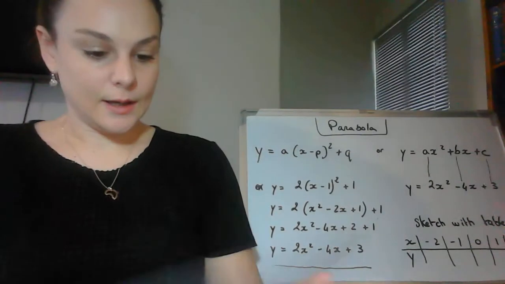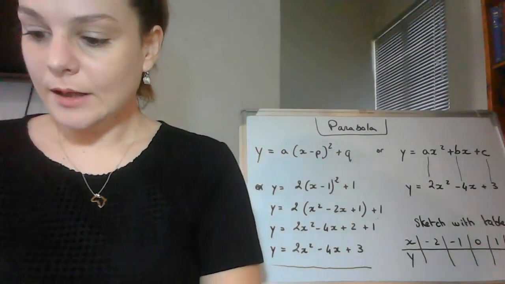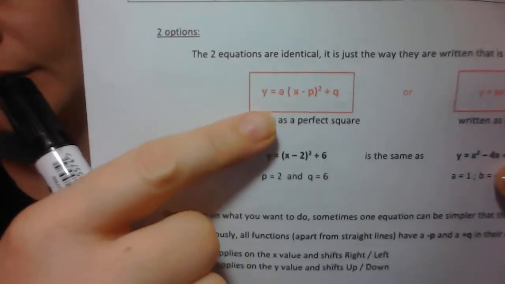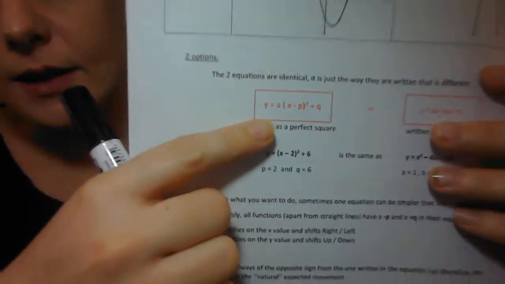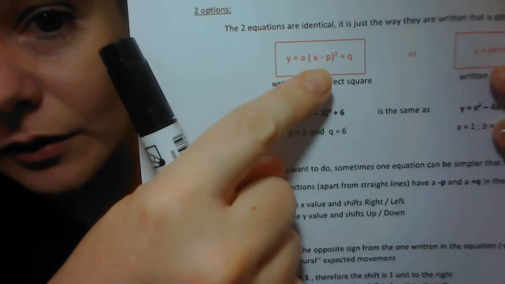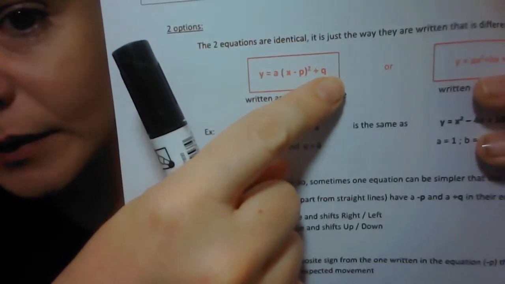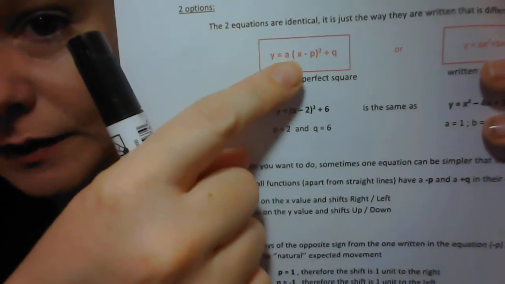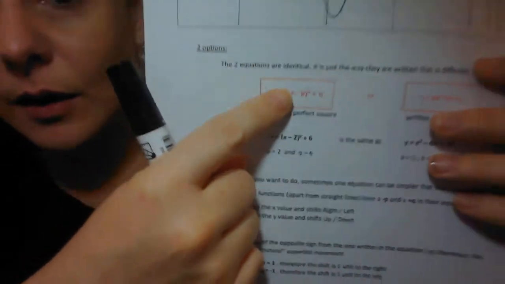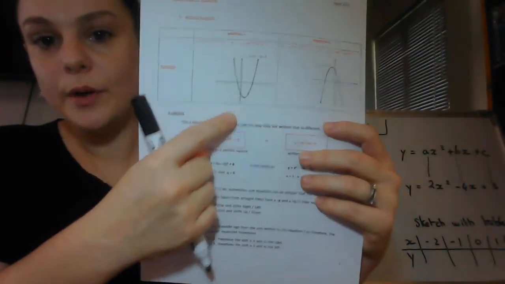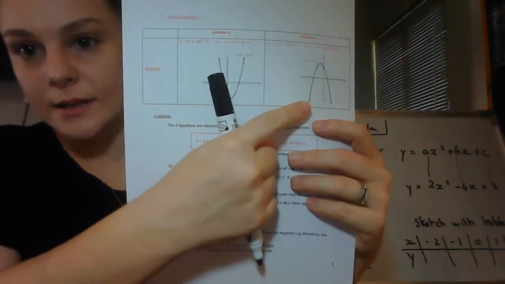Alright, then, if we focus on this equation with the p and the q, I want to show you what is the effect of the value p and the value q. So, we saw that a positive a is facing up, a negative a facing down.